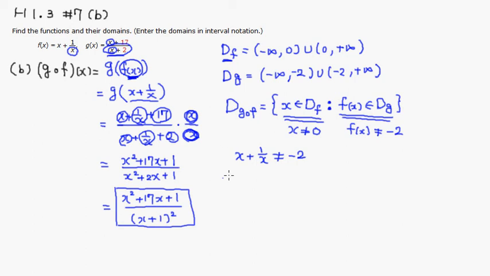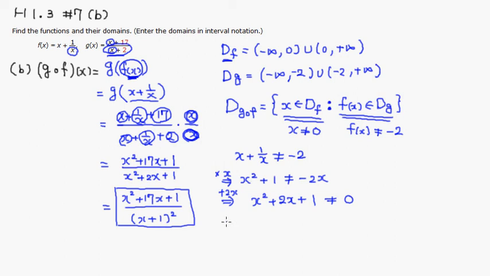To make this equation a little simpler, again, I don't like fractions, so multiply both sides by x. We get x squared plus 1 cannot be equal to -2x. Then we can add 2x to both sides to get x squared plus 2x plus 1 cannot be equal to 0.